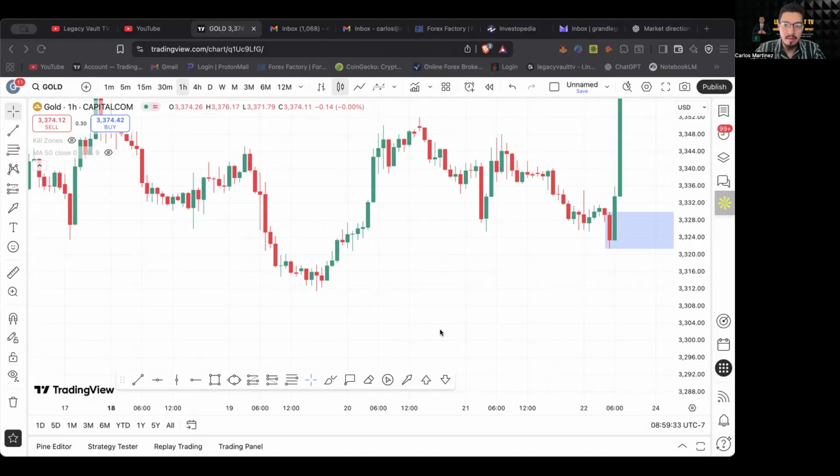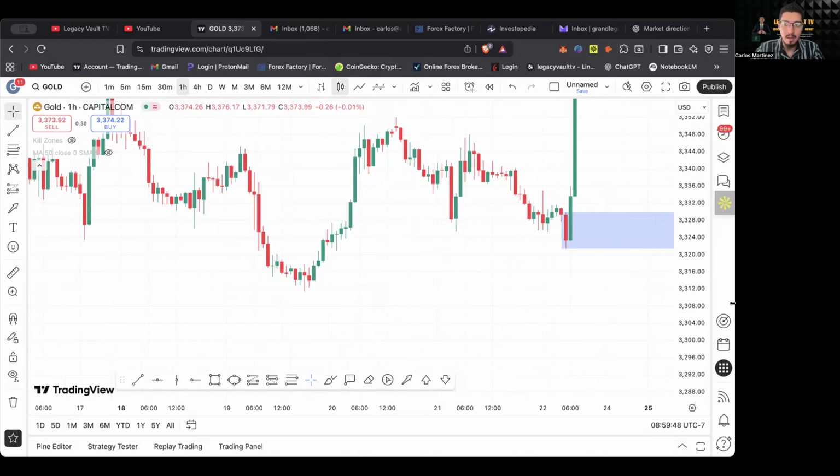And a resistance is a specific price level where selling interest historically prevents price from going higher. Think of them as horizontal lines rather than broader zones, like you see in supply and demand.